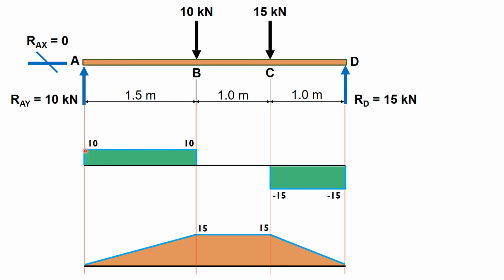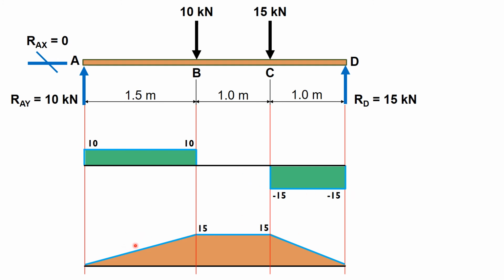So dito, nilagyan lang natin ng shade para mas ma-visualize natin yung itsura ng shear diagram and also the moment diagram. Now, you notice that the values na nilagay natin dito ay yung sa mga ends na lang ng segment.